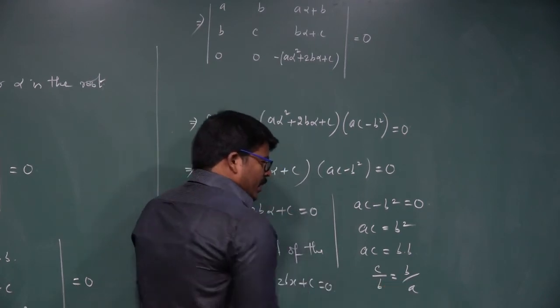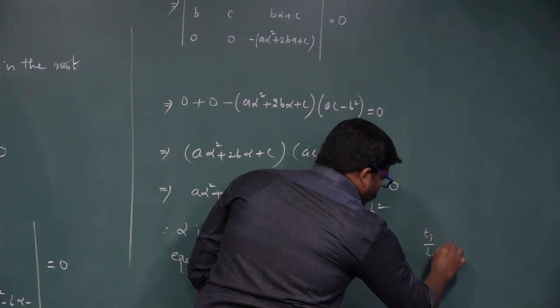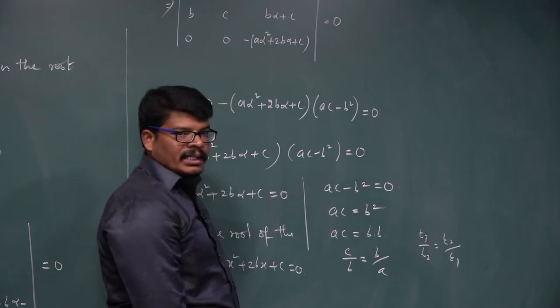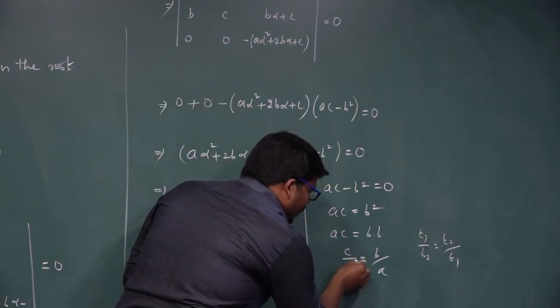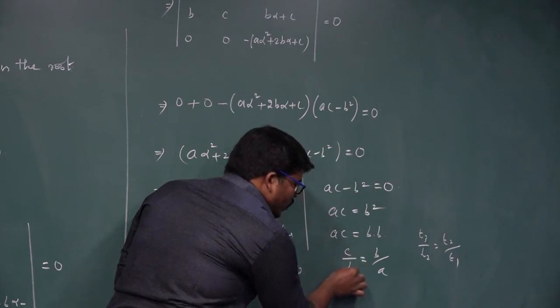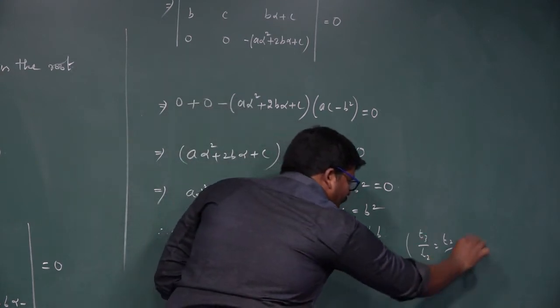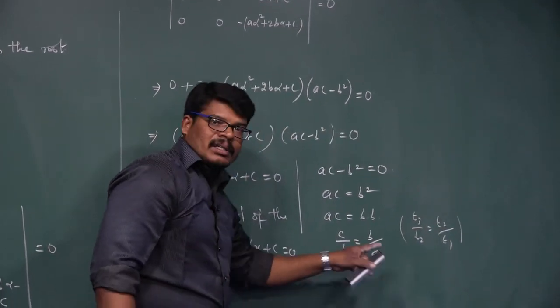Already you know in a GP, T3 by T2 equal to T2 by T1. That is, A, B, C are in GP: common ratios are equal, given the terms are in GP.